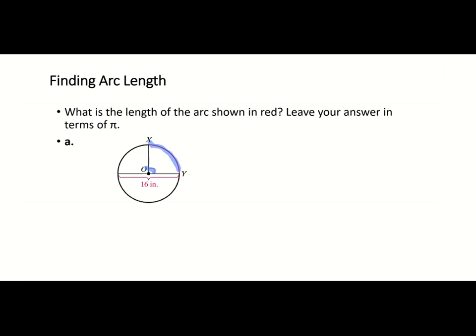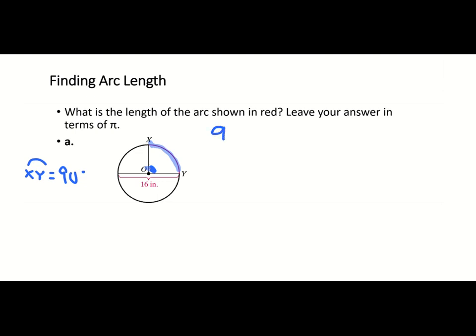And remember, your arc degree measure is the same as the angle it intercepts. So because this is 90 degrees right here, arc XY equals 90 degrees. And we know the diameter of the circle is 16 inches.